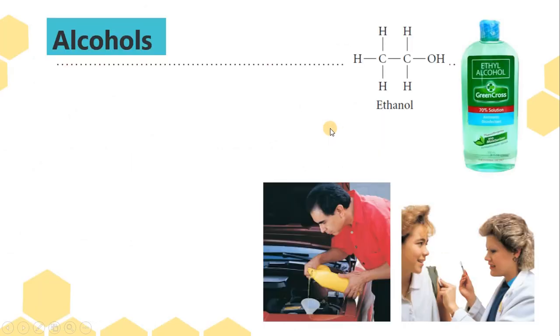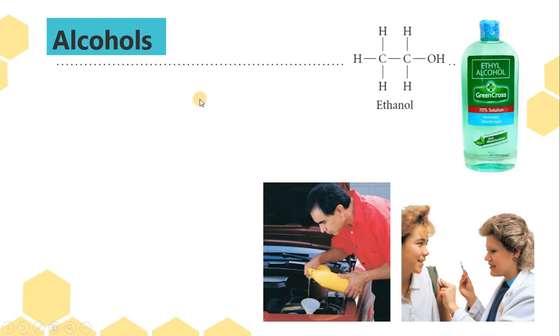Okay, next group. The first one was halogenated compounds. Next, alcohols. Alcohols are not just the common hand rubbing alcohol or the drinking alcohol that you may have heard of but never tried. There are also other substances which we consider alcohols.